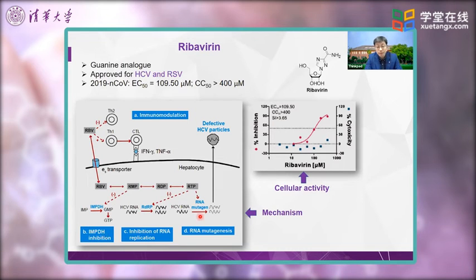In addition, it can also work through RNA mutagenesis. Lastly, it was believed it can work as a modulator of the immune system. So by those possible mechanisms, ribavirin has been used in clinical trials for treating COVID-19.